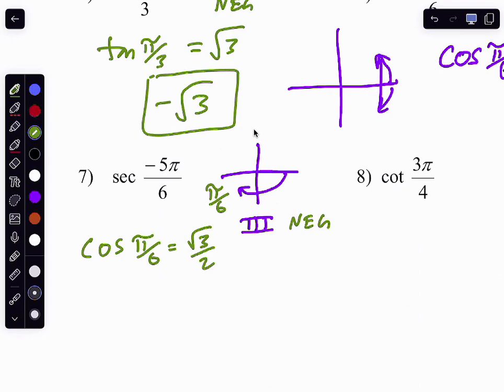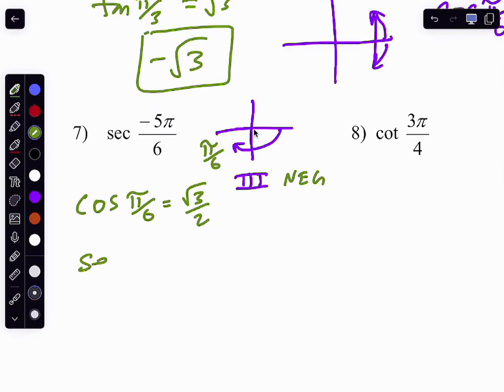I think I do two things to that. I got to make it negative and I got to flip it. Okay? So the secant of pi over 6, this is the answer, this one flipped and negative.